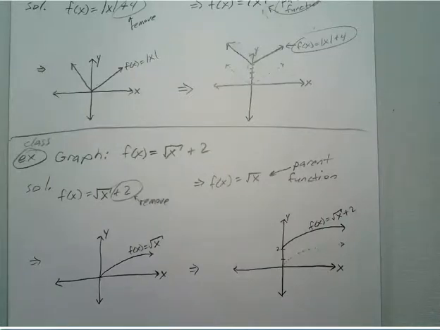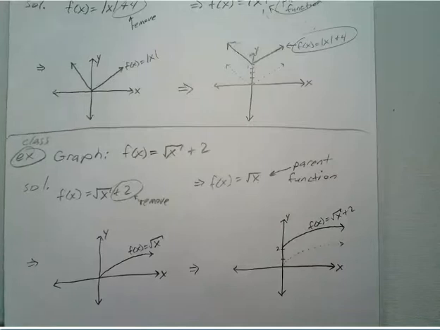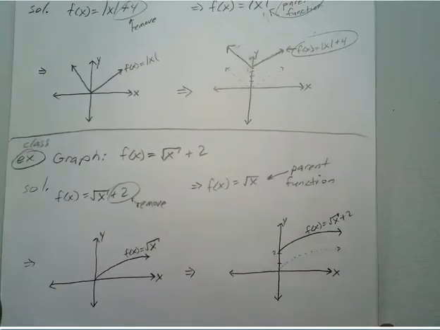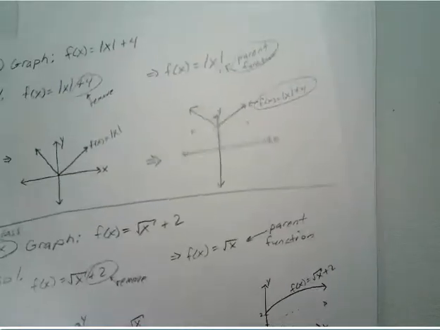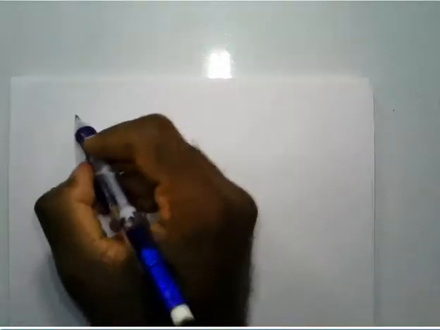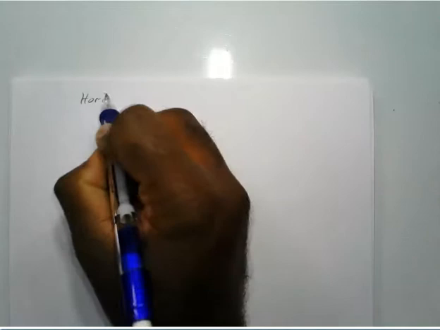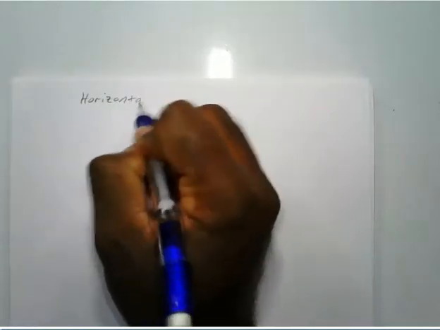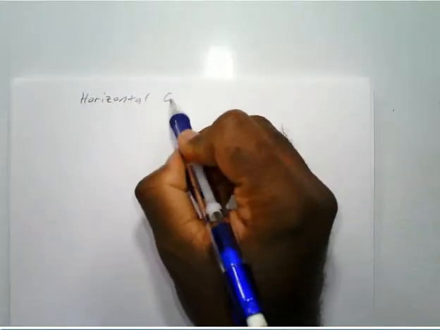Okay. So if you are still writing, please feel free to press pause. But we're going to now look at our horizontal shift. So that's shifting from left to right. Okay, so now we look at our horizontal graph shift.